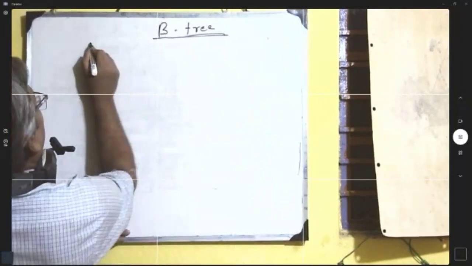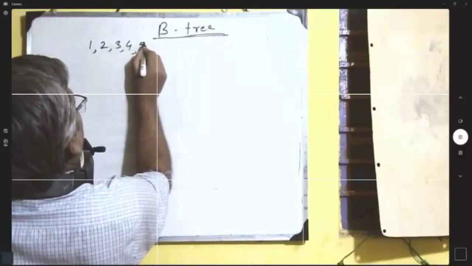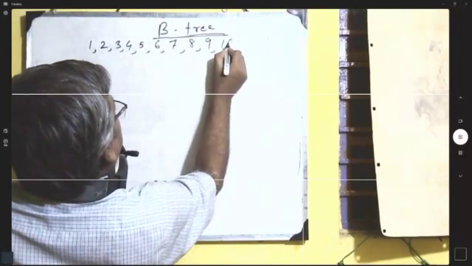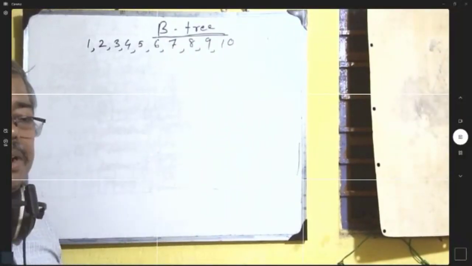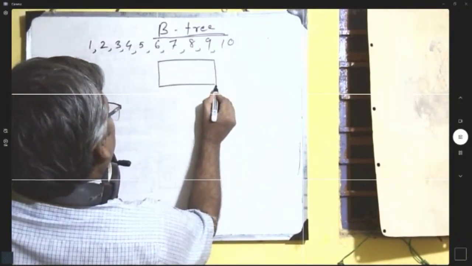If we want to enter 1, 2, 3, 4, 5, 6, 7, 8, 9, 10, the normal numbers 1 to 10, first I have to sketch the node, but what is the order of the node?